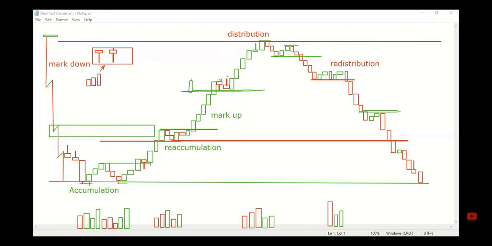If we see these two types of candlestick with high volume, this is called the downtrend signal in an uptrend market.